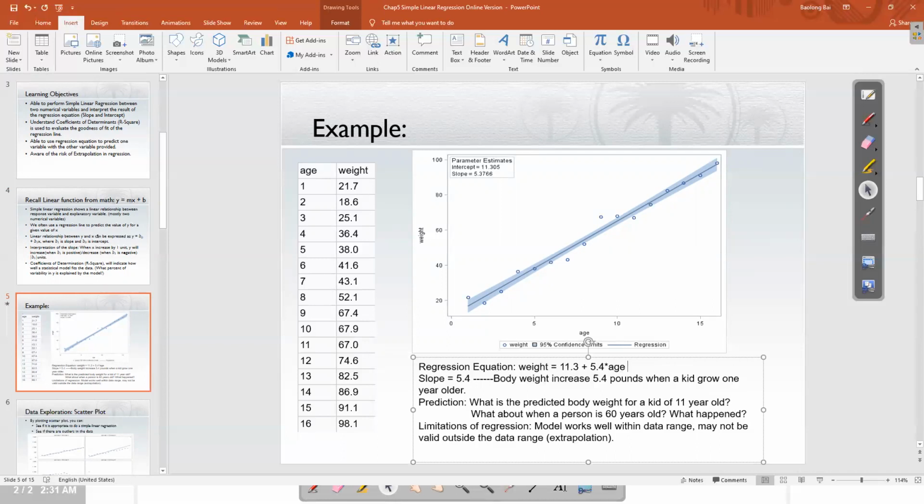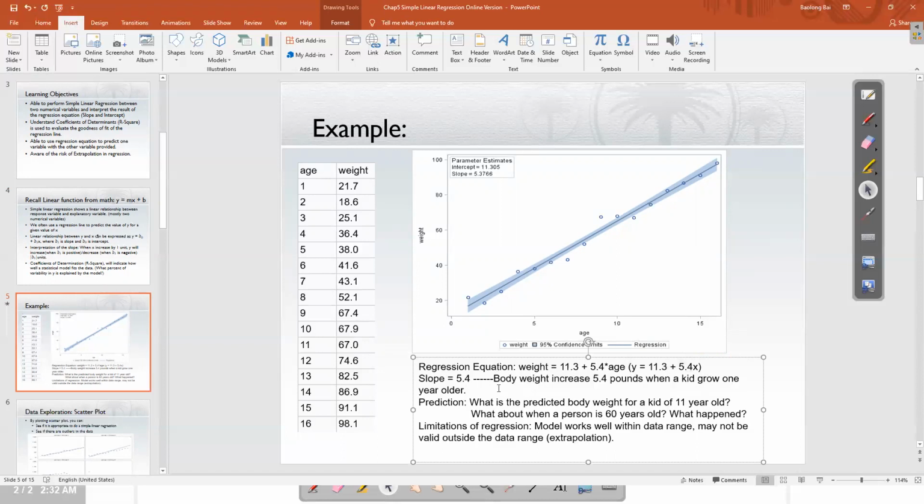So you can also write it in symbols, right? So y equal to 11.3 plus 5.4 times x, right? So anytime I ask you what's the least squares regression equation, please write it in this form, right?